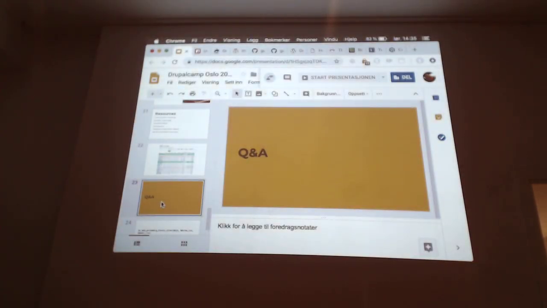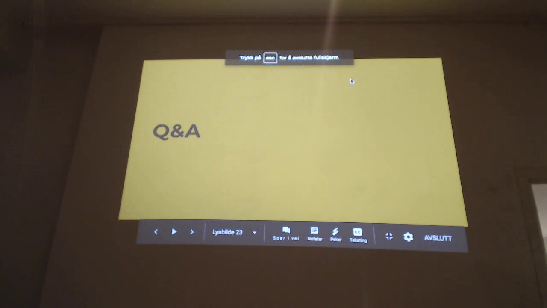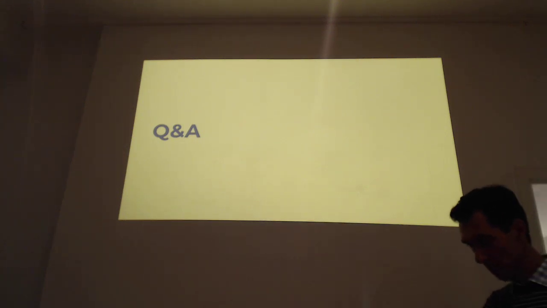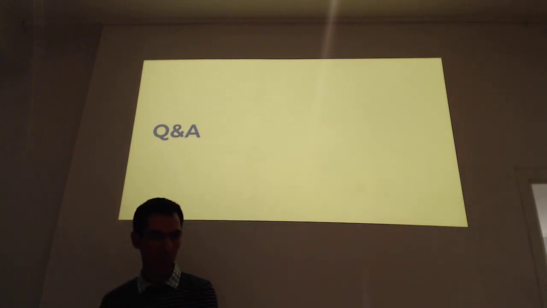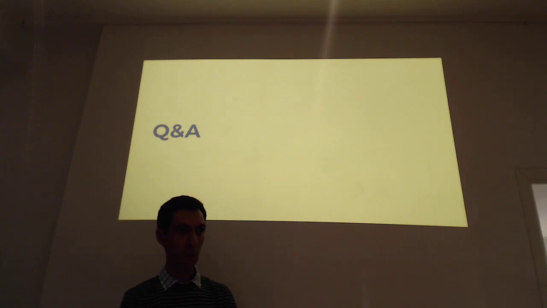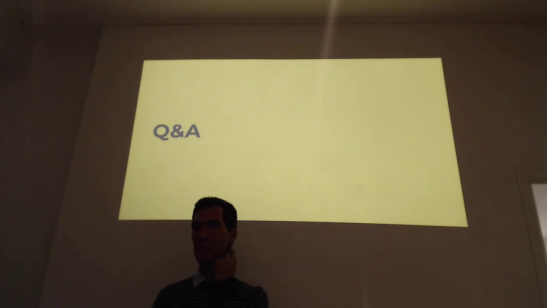Questions? So what kind of issues on Drupal.org would you like help with? The question was what kind of issues do we need most help with? I guess those related with Drupal stuff, like we have some issues that are mostly UI with reusable blocks.